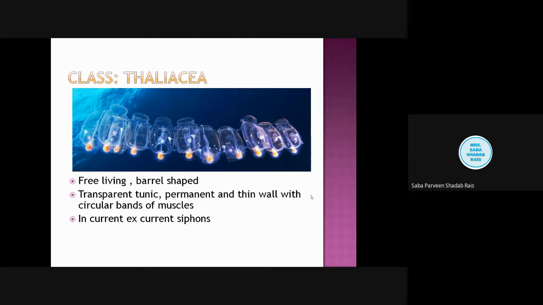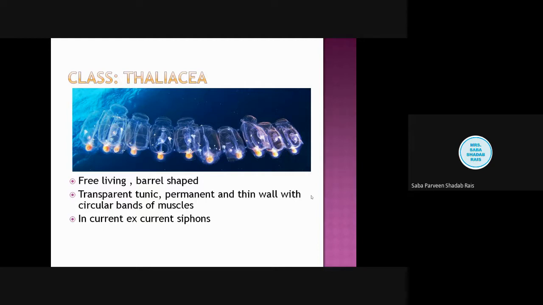In the larval stage, for sure they will have pharyngeal gill slits. In the previous two classes, in Larvacea, we saw there is no such change between the larva and the adult. But in Ascidiacea, the adult possesses many pharyngeal gill slits. In this class, you need to remember that pharyngeal gill slits are found in few species.